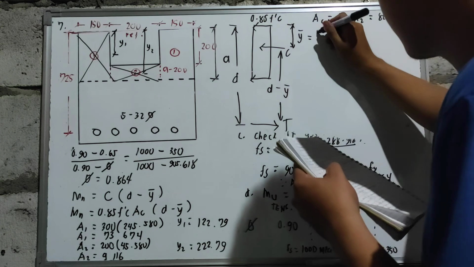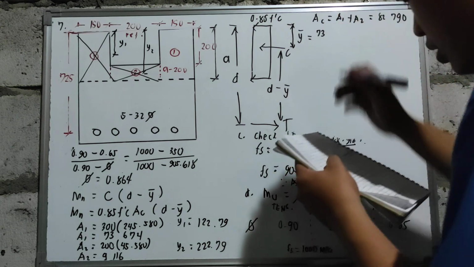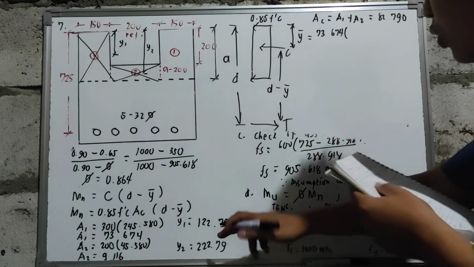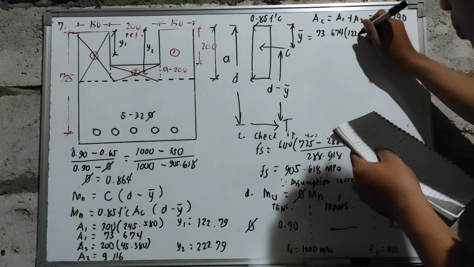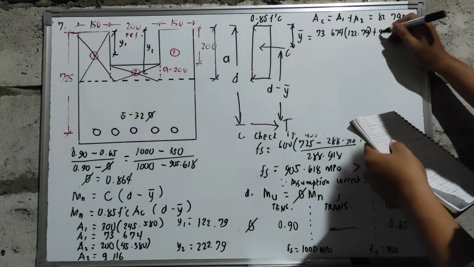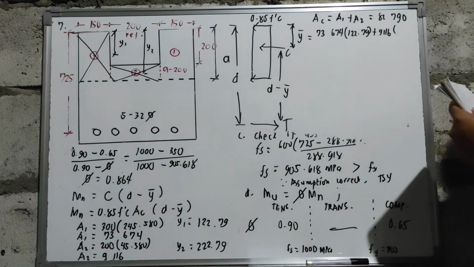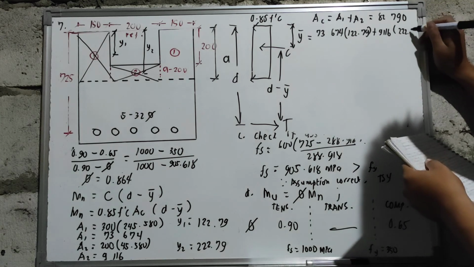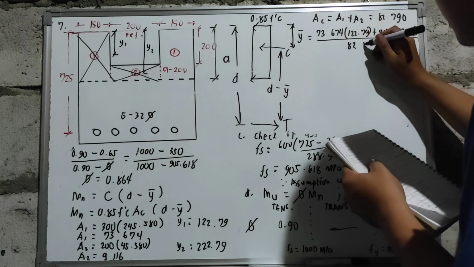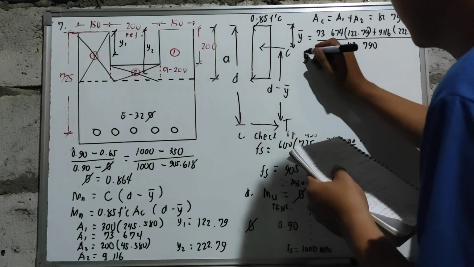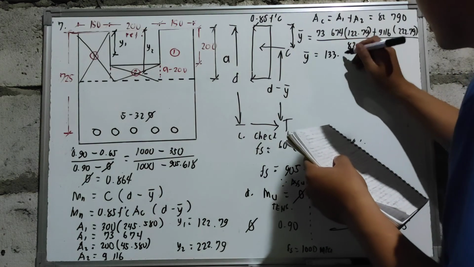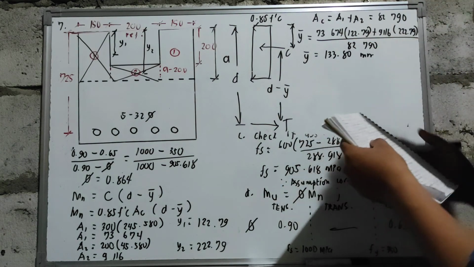So, meron tayong 73,674 multiplied by yung y1 natin na 122.79 plus 9116 multiplied by 222.79 over yung total area natin na 82,790. So the value of your y bar is now equal to 133.80 mm.